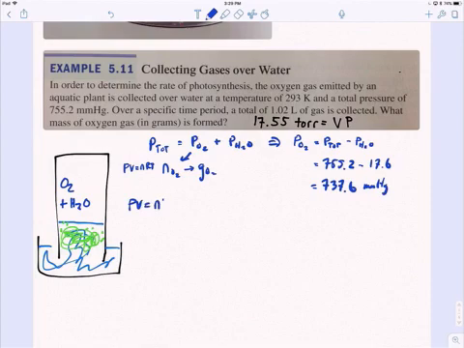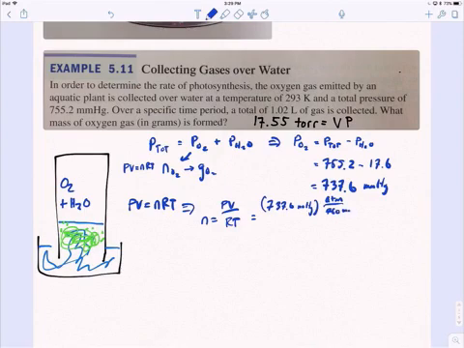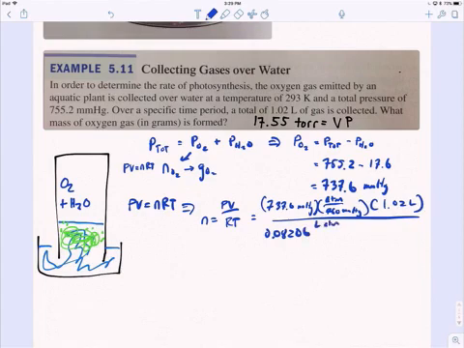So PV equals nRT, which implies n equals PV over RT, which is 737.6 millimeters of mercury, atmosphere is 760 millimeters of mercury, volume is 1.02 liters, R is constant, 0.08206 liter atmosphere per mole Kelvin, 293 Kelvin.